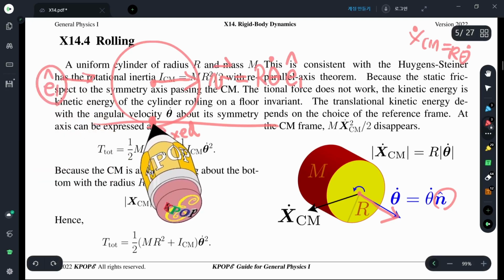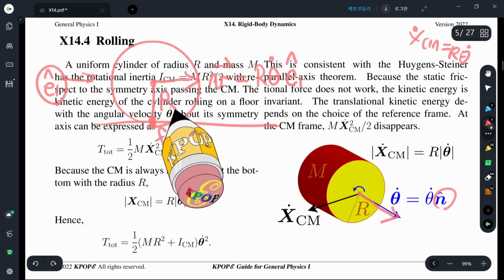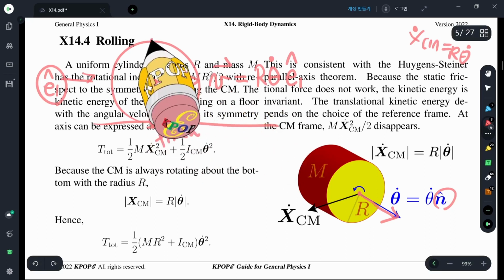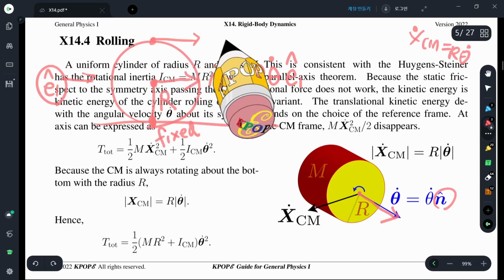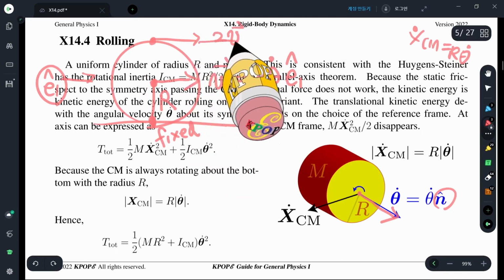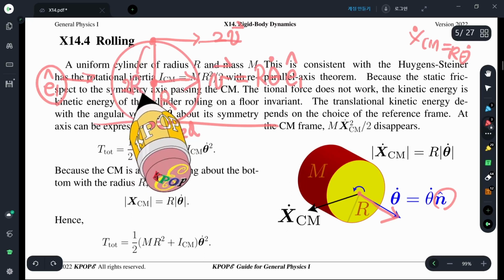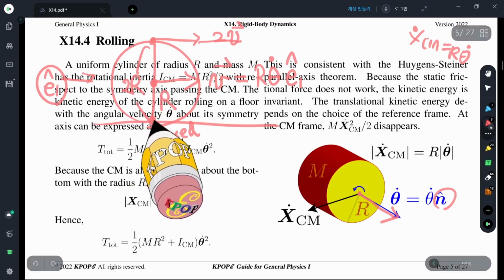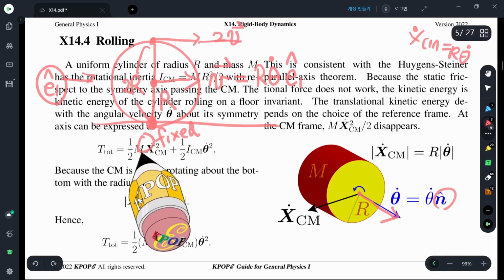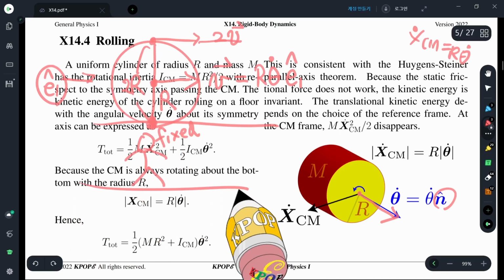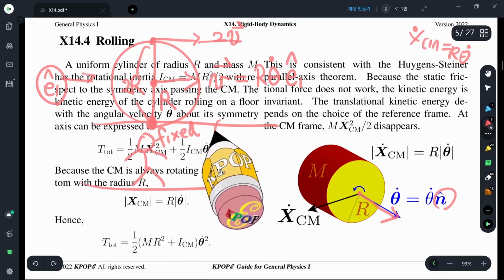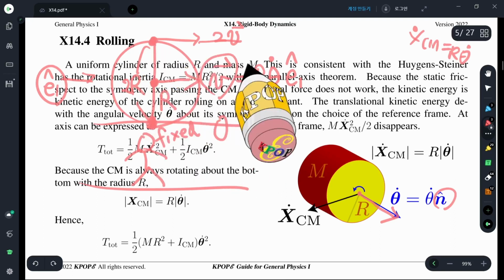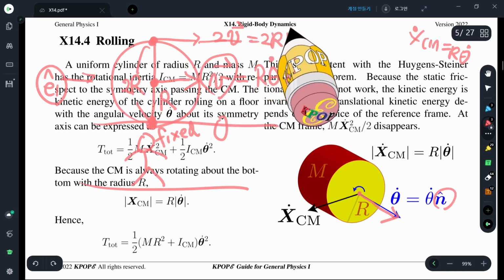And because this one is fixed and this is a radius r, the velocity of the center of mass is v, then the velocity of the top is 2v. Double, because this radius is 2r instead of r. So in the frame fixed on the ground, the bottom is 0 and the center has velocity v, and the top is 2v, which is 2r theta dot.